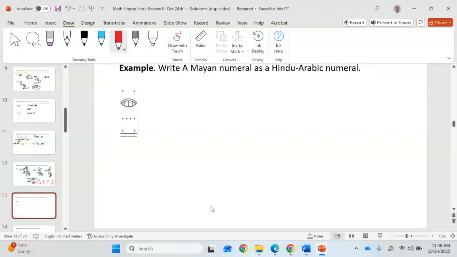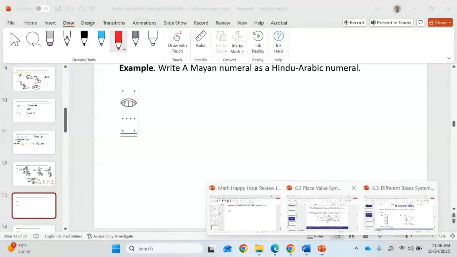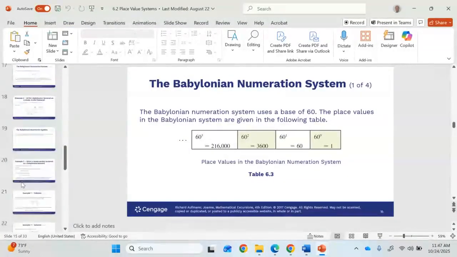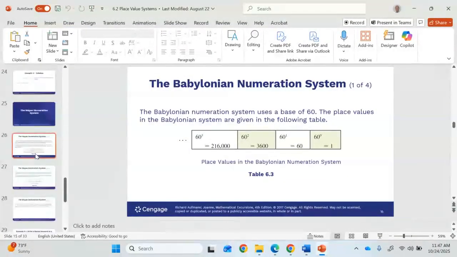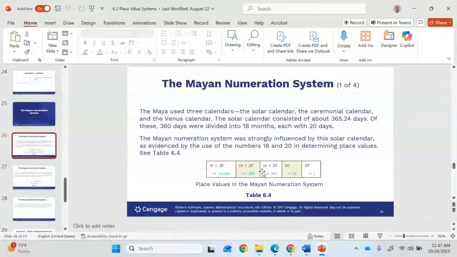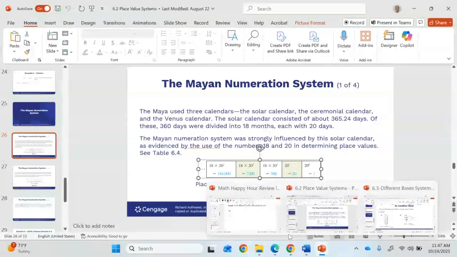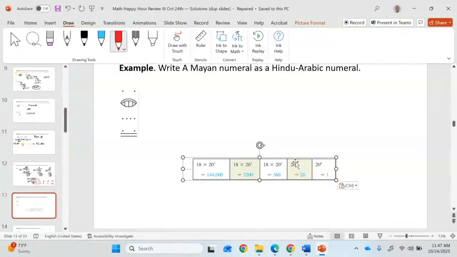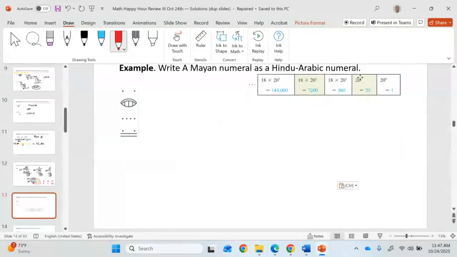Another of the numeration systems that we studied was the Mayans. And since I have all of these already, let me just go ahead and show you the table. So on the Mayan numeration system, this is our base, which has all of these powers. You also may have to remember what each symbol individually means.